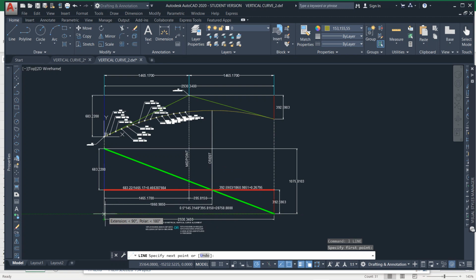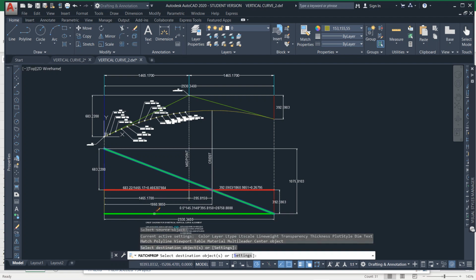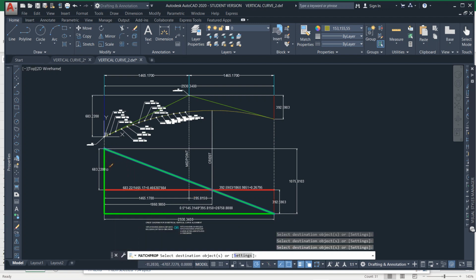So let's do this. H, and leave it right there. Let's do the same thing. MA, enter, click on that, and that. Yes, enter. I'm going to leave that alone, but that's also kind of the big triangle.